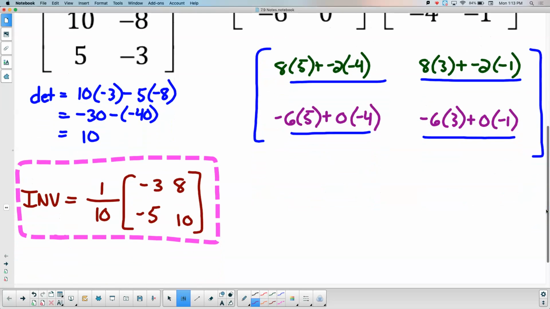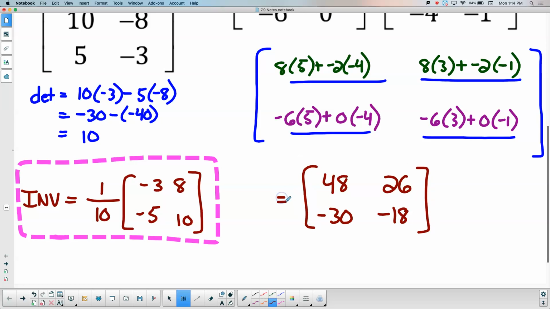That gets me 40 plus 8 is 48, 24 plus 2 is 26, negative 30 plus 0 is negative 30, and negative 18 plus 0 is negative 18.